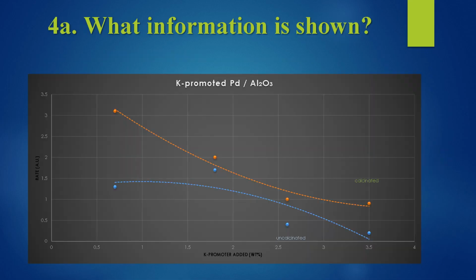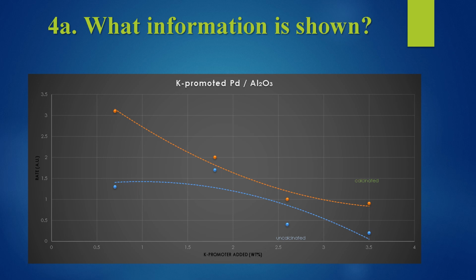Now if we go a step further, we've got K promoted Pd/Al2O3. Now the title is clear, the background is black, the writing is in white, much clearer, and should be a little bit larger. But now we're focusing on just one of the 2 chemicals.